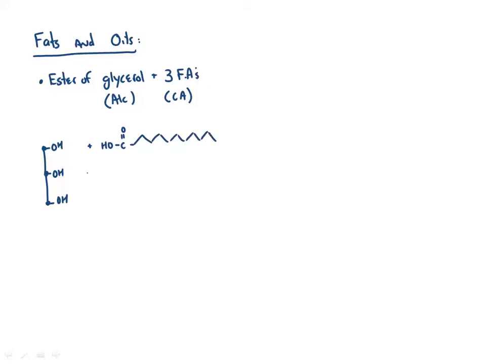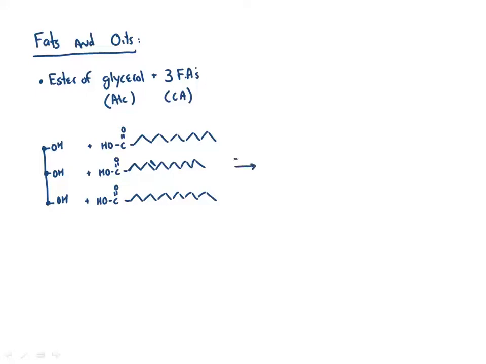Now, I'm not going to worry about how many carbons I'm showing on these fatty acid chains. They can be the same, they can be different, they can be saturated or unsaturated, meaning they can have carbon-carbon double bonds in them. What we're really focusing on here is what we're drawing and the reaction that's occurring.